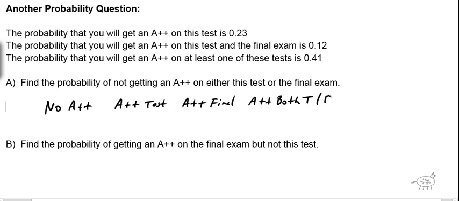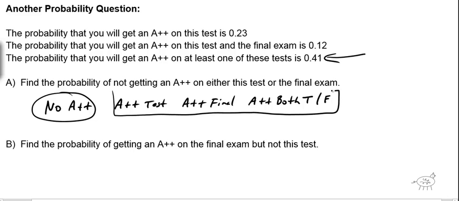Okay? So if I ask you, find the probability of not getting an A++, I'm looking for this, right? Well, look at this guy right here. This is the probability that you get an A++ on at least one of them. At least one of them is the test, final, or both. So the way I figure out the probability is basically if I can just do 1 minus that rectangle.